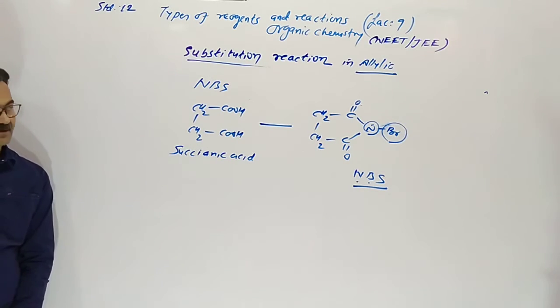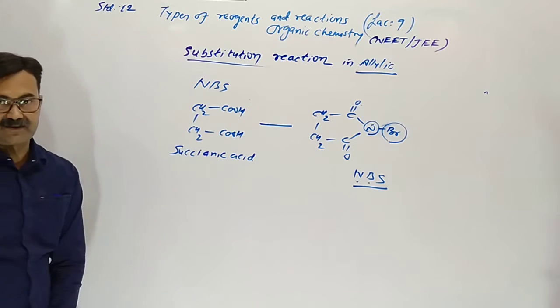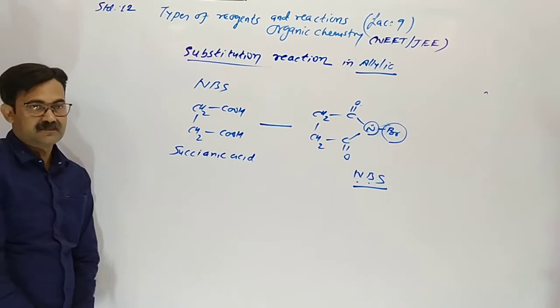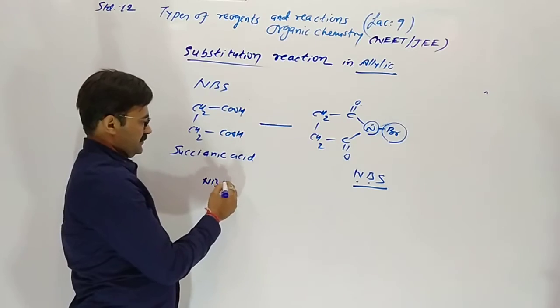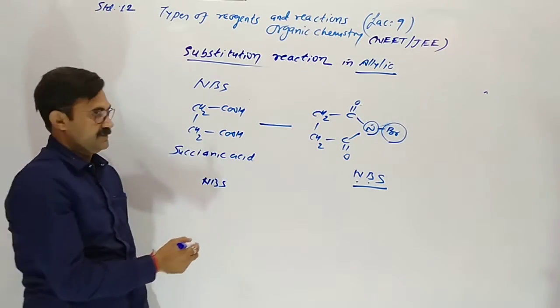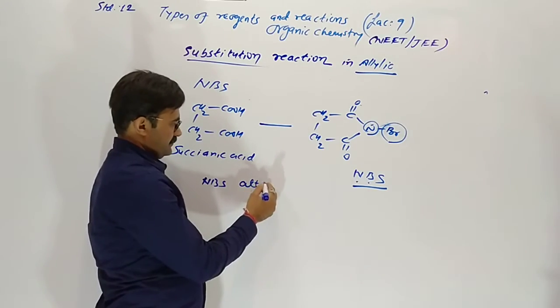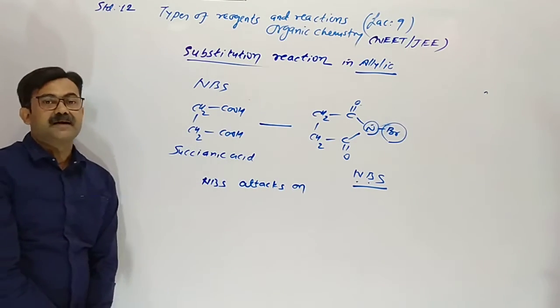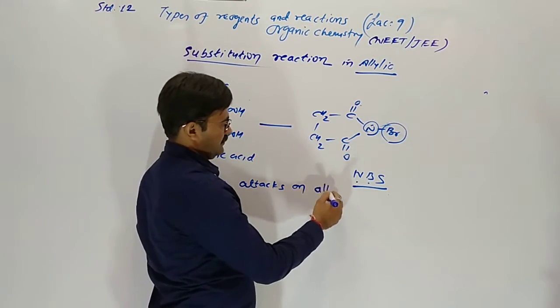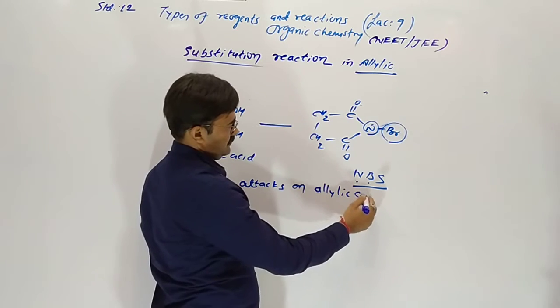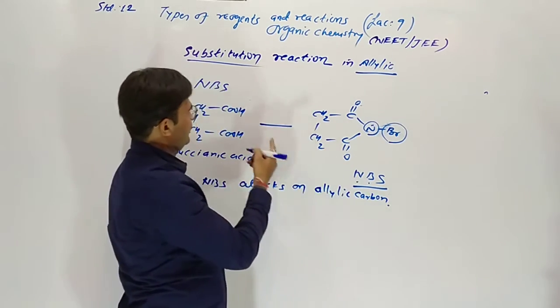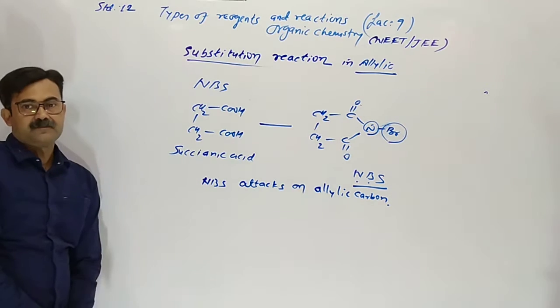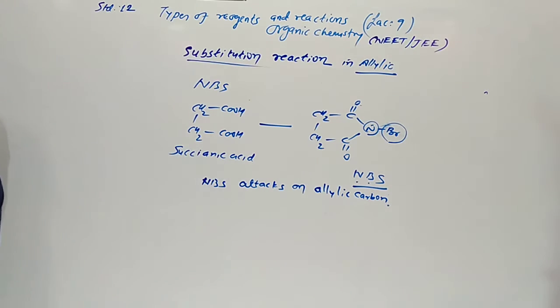Here bromine is a good oxidizer. NBS attacks on allylic carbon. We discussed allylic carbon.